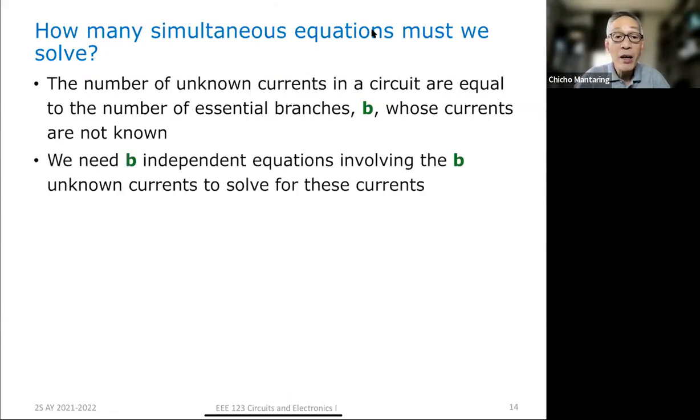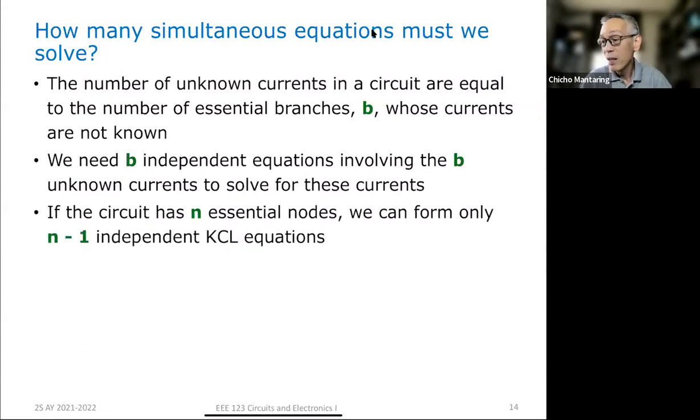So we need B independent equations to solve for the B unknown currents. Now, if I have a circuit that has n essential nodes, I can form only n minus 1 independent KCL equations. I leave it up to you to validate that.